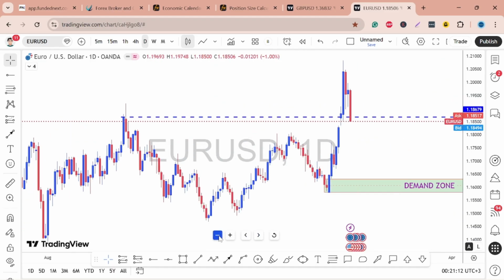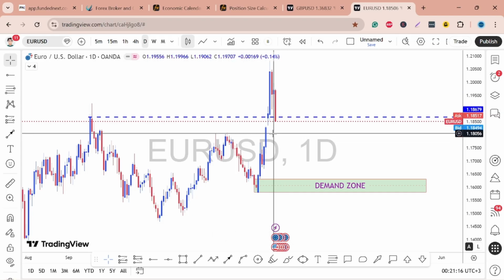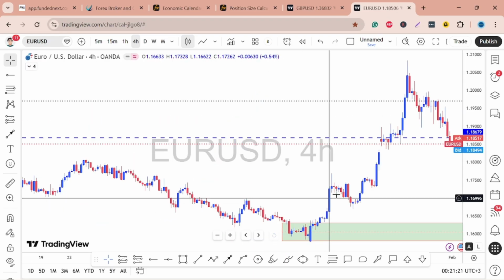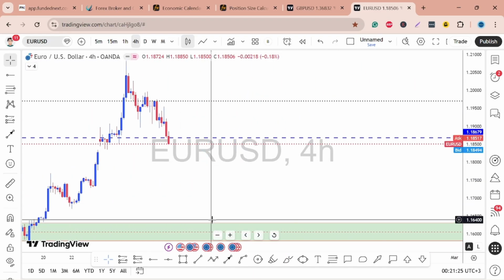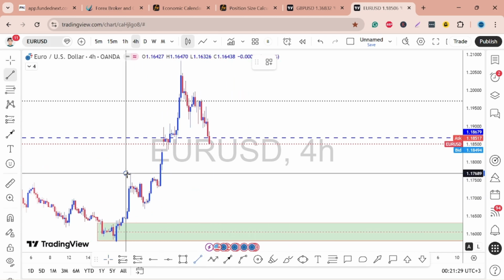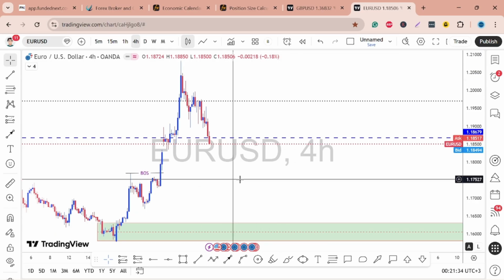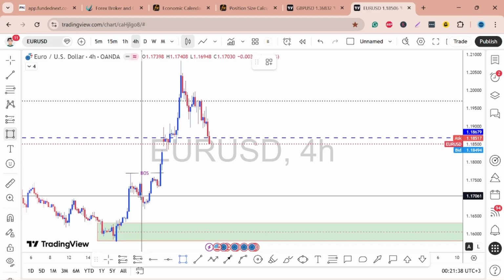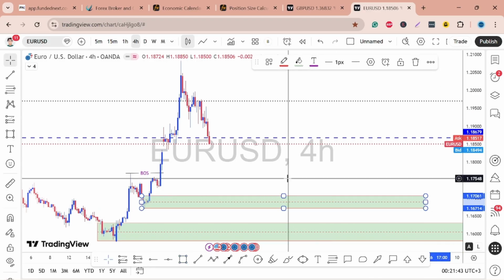However, price has already broken down on it. So now what I am anticipating for Euro USD is that we have two price levels that might actually hold on to price. We have a break of structure on this level here, meaning that this would be a point of interest for Euro USD.